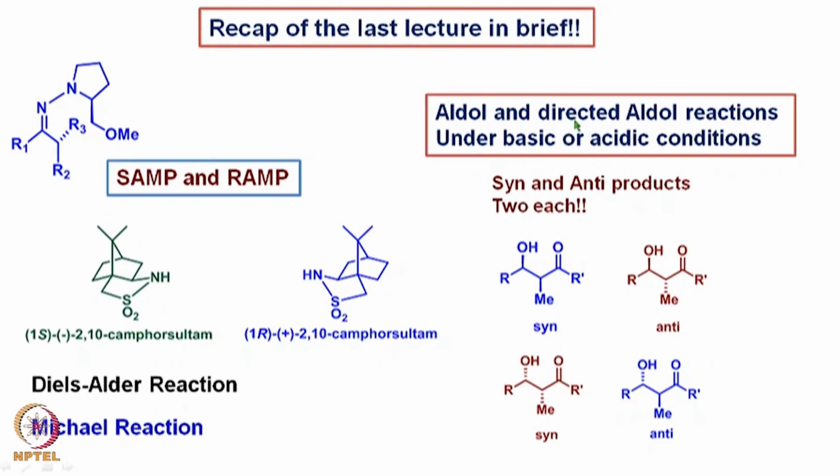But if we have a directed Aldol reaction, we get only specifically products in which the two enantiomers of the syn product and two enantiomers of the anti product are formed. If the reaction is highly selective, we would get one as the major over the other. So that is how we looked at the directed Aldol reactions.